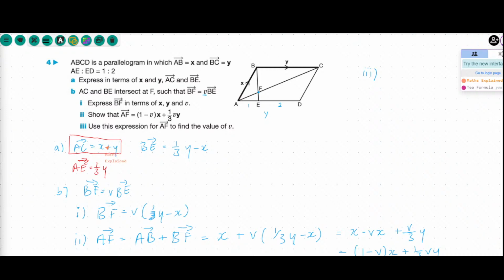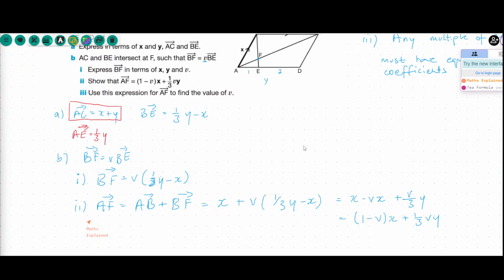So any scalar multiple of AC must have equal coefficients. That's a key point about parallel vectors. The multiples of the coefficients of the parts of that vector must be the same.